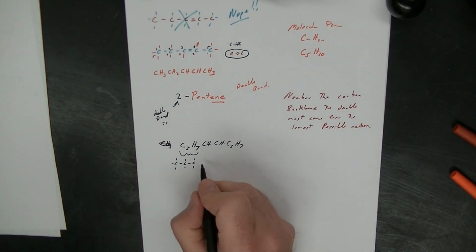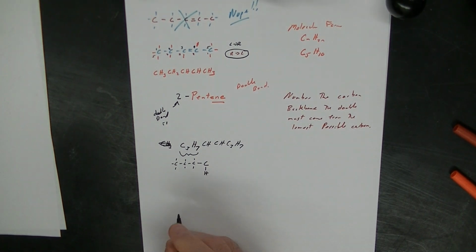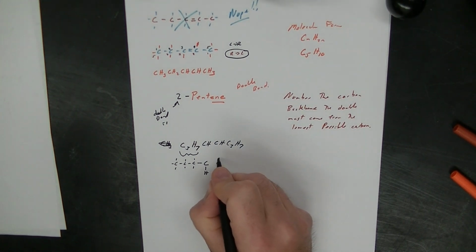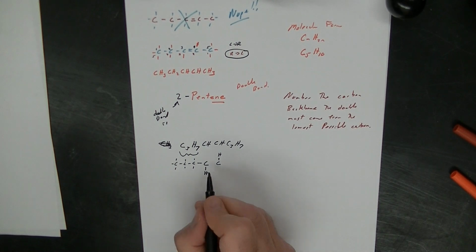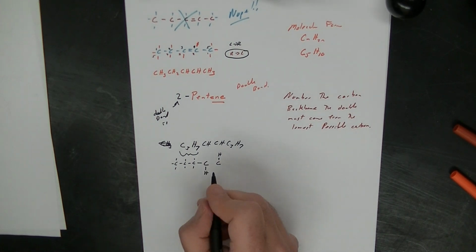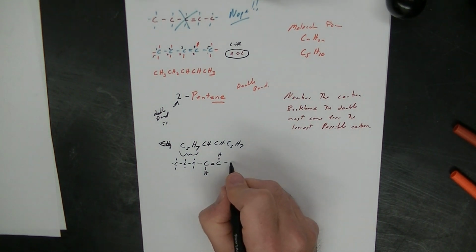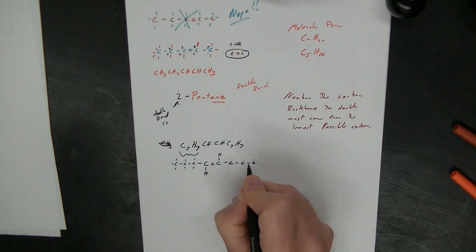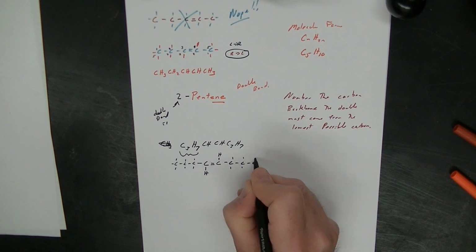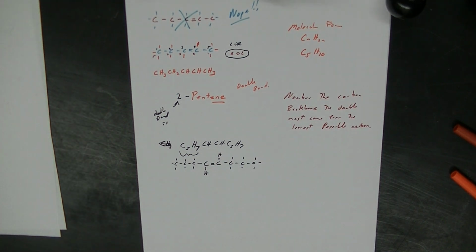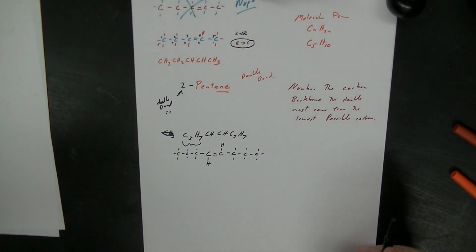Then we have a carbon with 1 hydrogen, and then we have another carbon with 1 hydrogen. I can't put any more hydrogens on that, so that tells me that there has to be a double bond there. And then I got 3 carbons in a row with our hydrogens again. So this would be my structural formula.